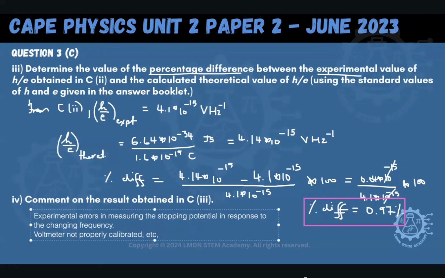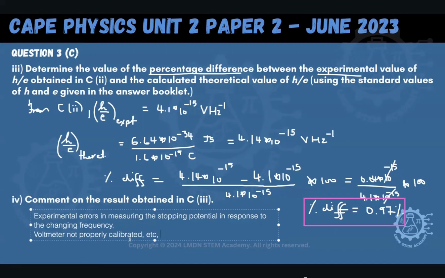What else could have been? We have the voltmeter not properly calibrated, which is a potential experimental error. I think we can just stop there for now. The thing is that we capture that there are experimental errors that would make our experimental value different from the theoretical. Always, that's what you go to, and then we can start to think about why.